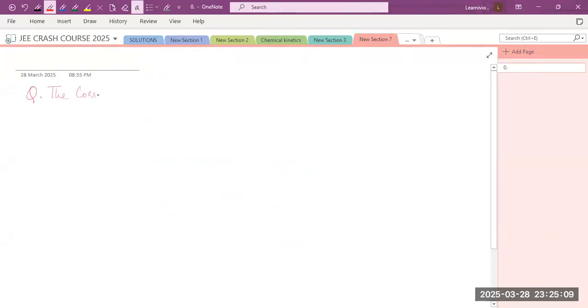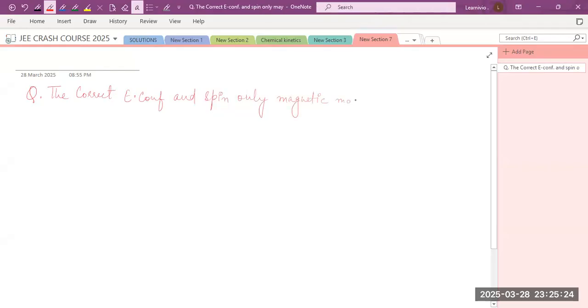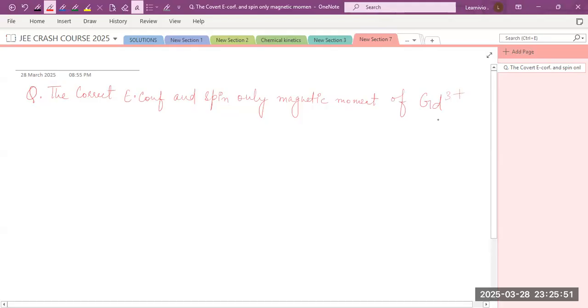The correct electronic configuration and spin only magnetic moment of Gd, gadolinium, which is an f block element of the lanthanoid series, Gd3+, respectively.